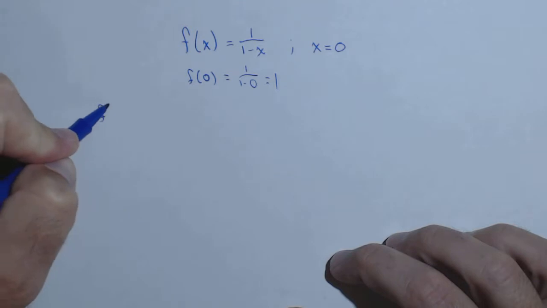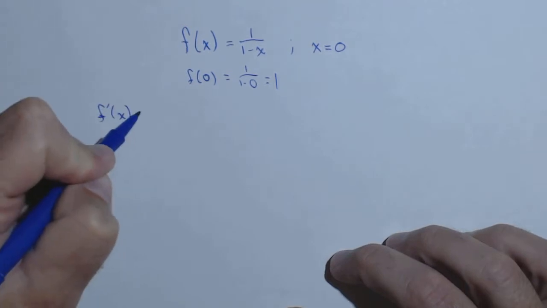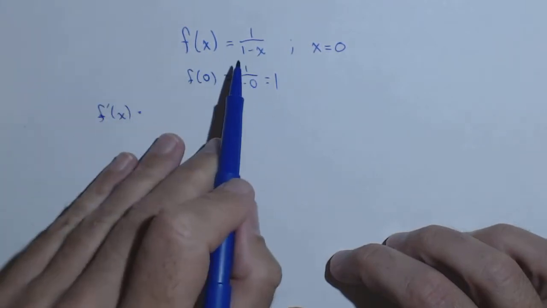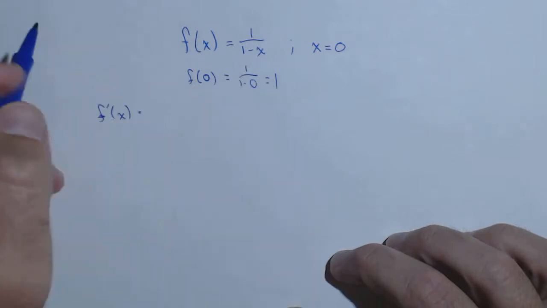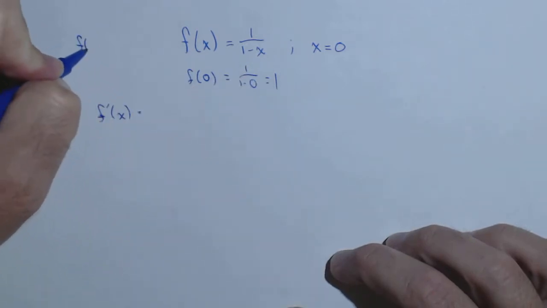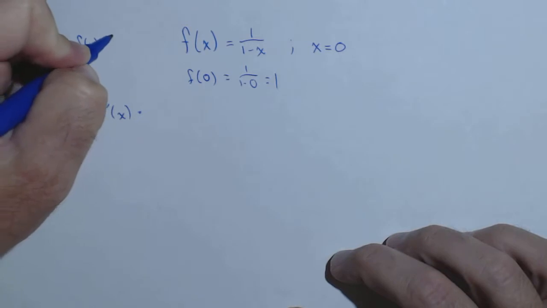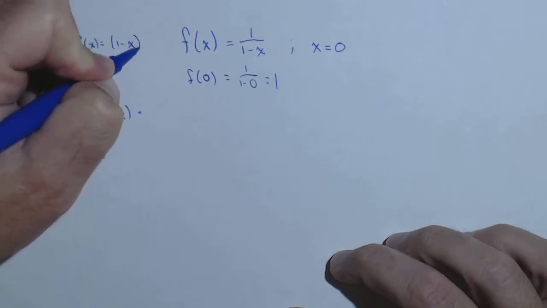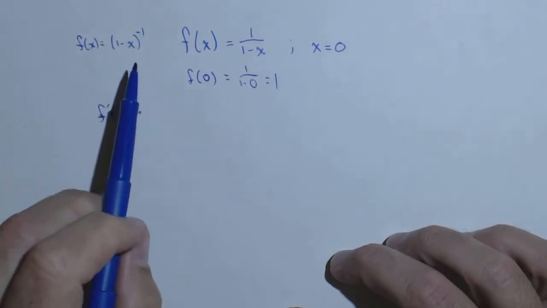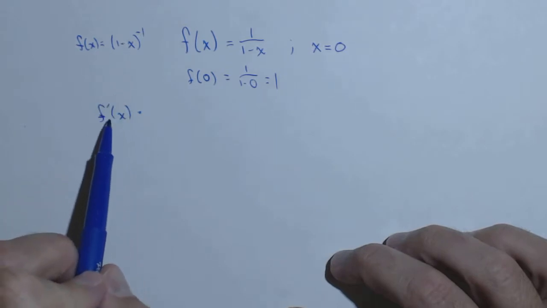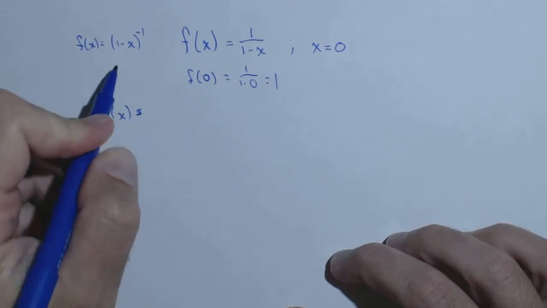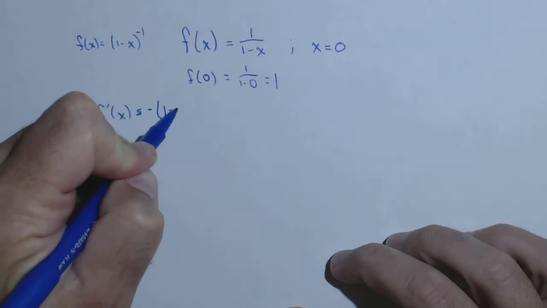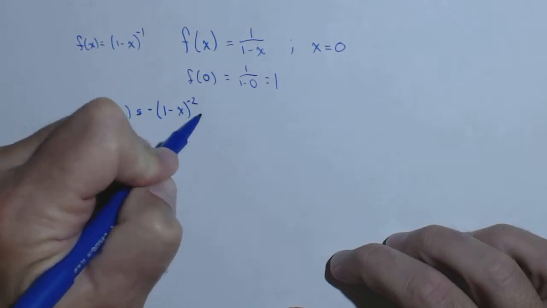Next thing we need is f prime of x. So we're going to take the derivative of this, and a couple ways we can look at it. One, we might want to rewrite f of x as 1 minus x to the negative 1. It'll make the derivatives a little bit quicker. So f prime of x equals negative 1 minus x to the negative 2.